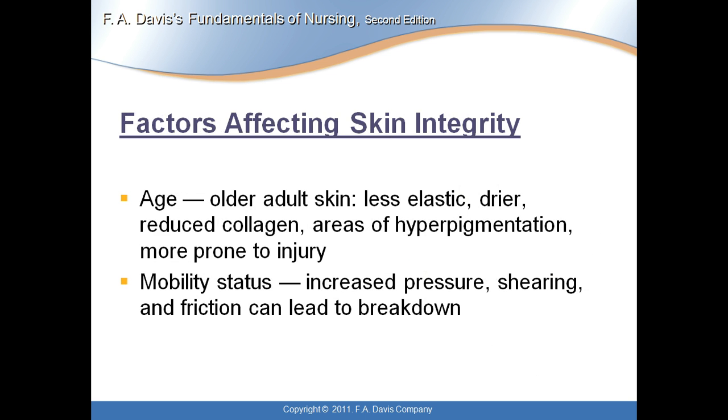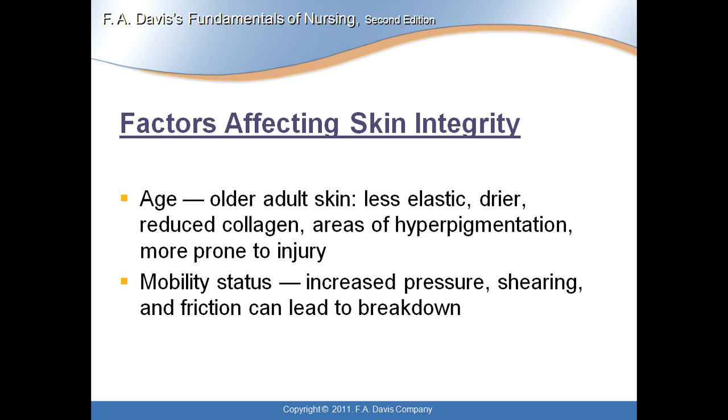All right, so factors affecting skin integrity. I want you to be more familiar with these as I find that they're important, and I'll go over them. So the first one, we have age. We have older adult skin. It's less elastic, it's drier, it has reduced collagen and areas of hyperpigmentation and is more prone to injury.